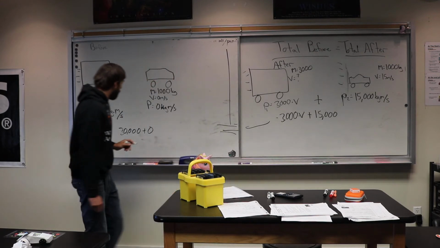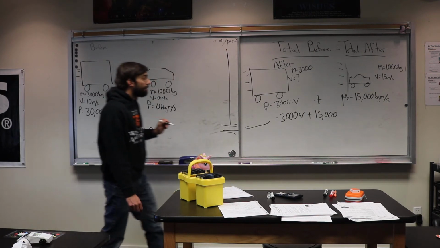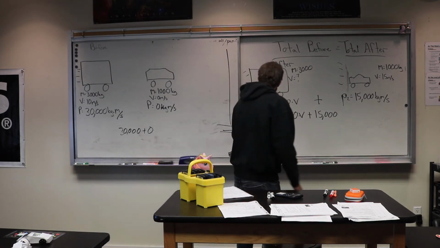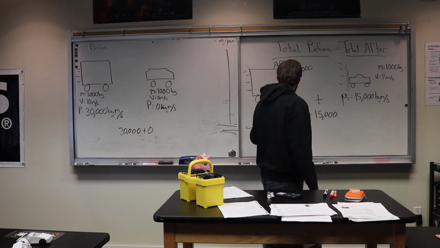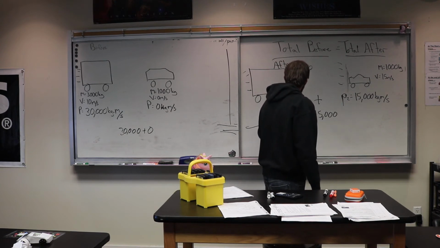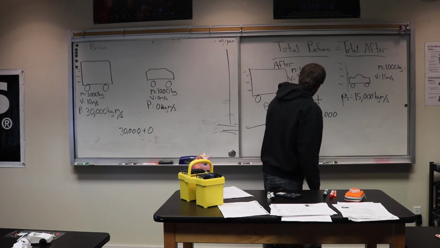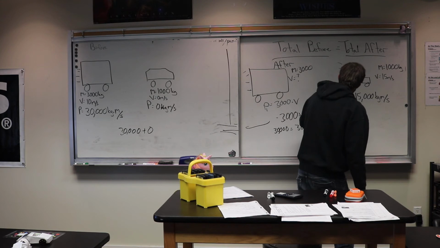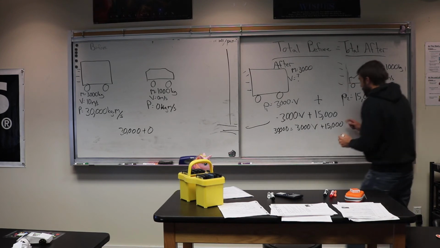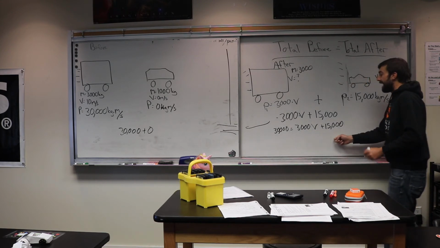So our equation, and let me rewrite this over here, we have 30,000 equals 3,000 V plus 15,000. Many of you have done problems like this in algebra.